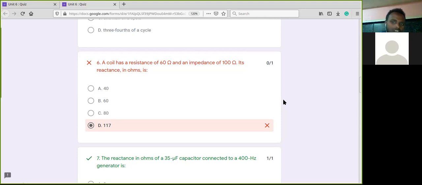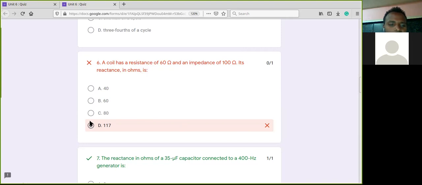So 100 squared is 10,000. Therefore 60 squared is 3,600. 10,000 minus 3,600 is how much? 6,400.